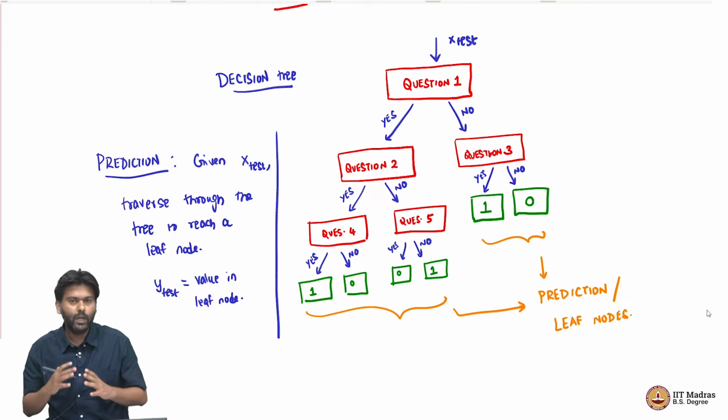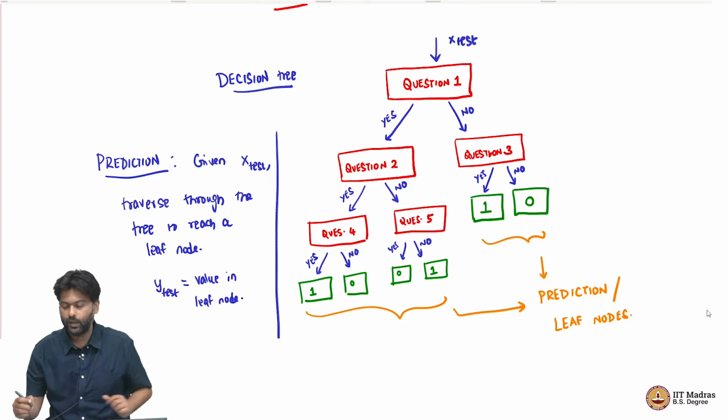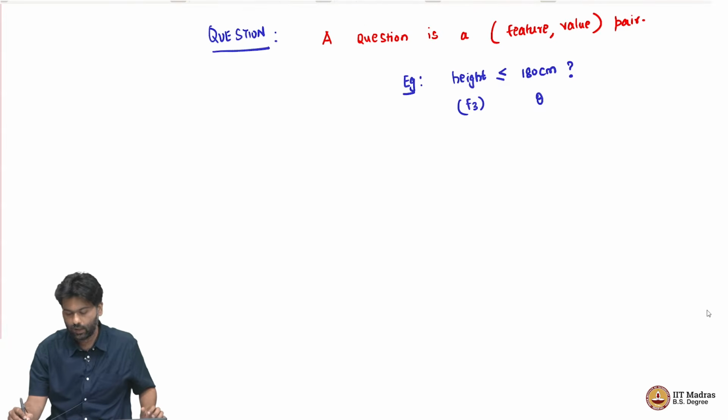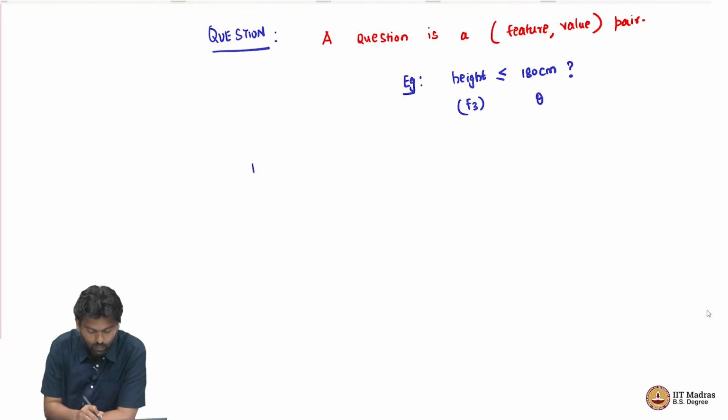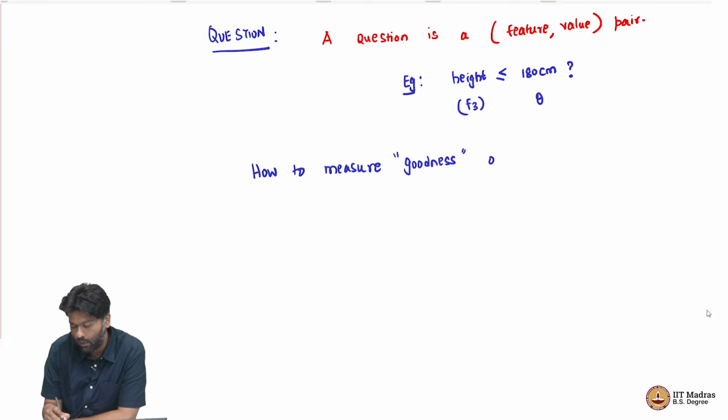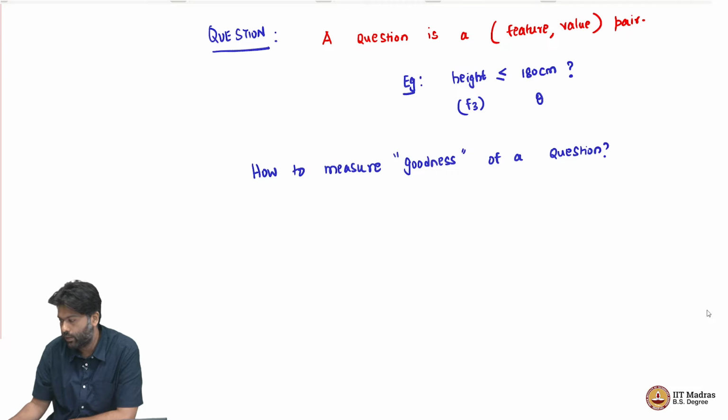So, we need to somehow have a measure of how good a question is, right. So, what we need immediately then is we have to ask ourselves how to measure the goodness of a question, right.